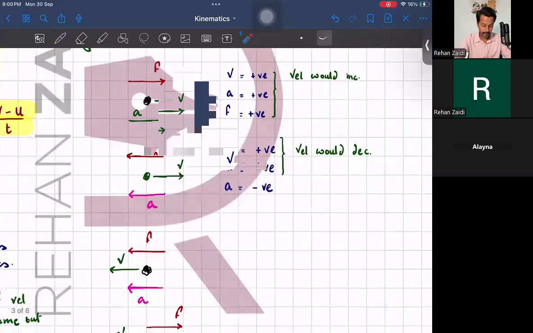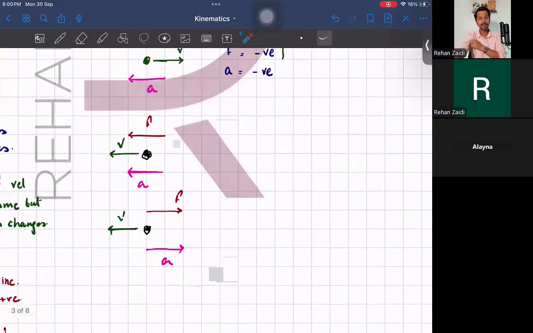But what about, let's say, the third case? Now in the third case, the object is moving in a backward direction, and the resultant force is still in the backward direction. Hence, the acceleration would also be in the backward direction.